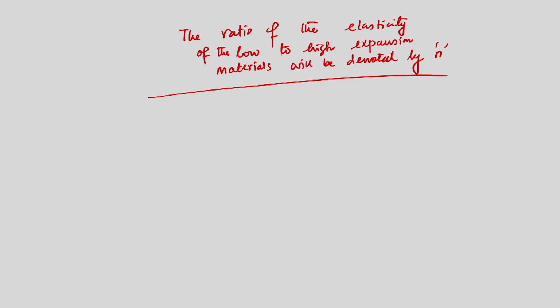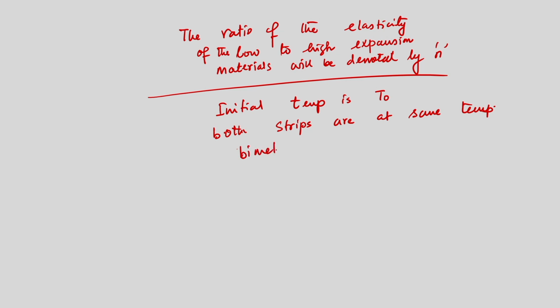So, say the initial temperature is T naught, both strips are at the same temperature, and the bimetallic strip will remain straight.